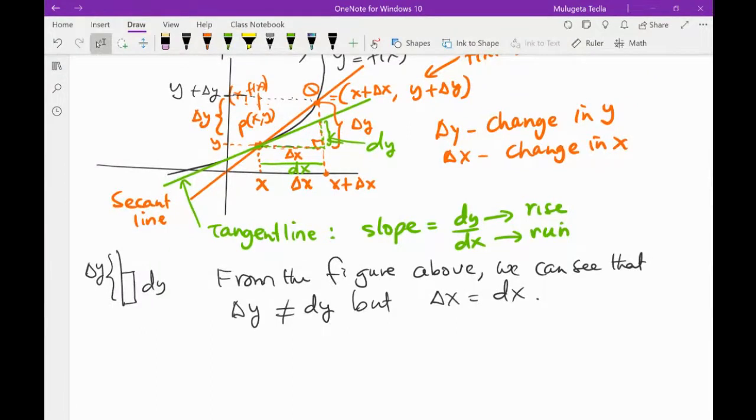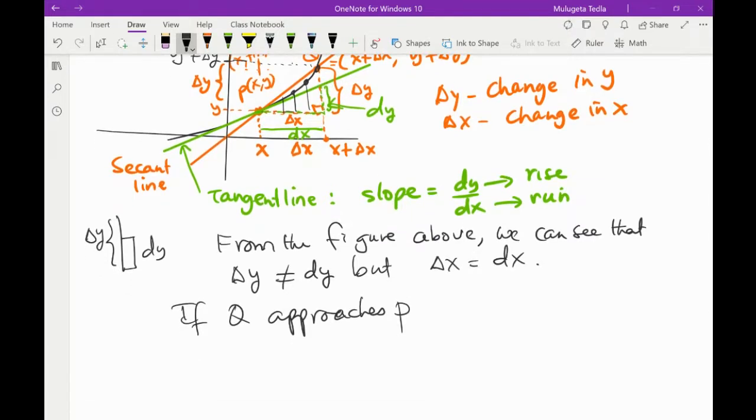But if Q approaches P, if it's moving towards P, the distance between the two is getting smaller. The top full line is delta y, the bottom line is dy. So they become almost the same when we get closer. So when Q approaches P, then delta y approaches dy.